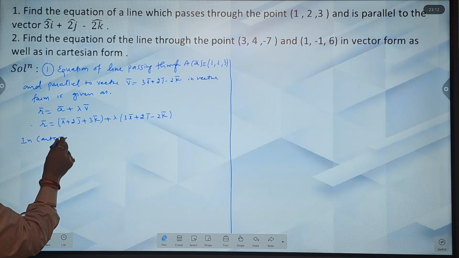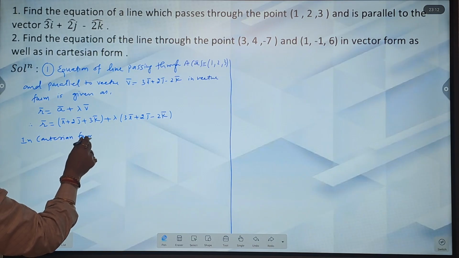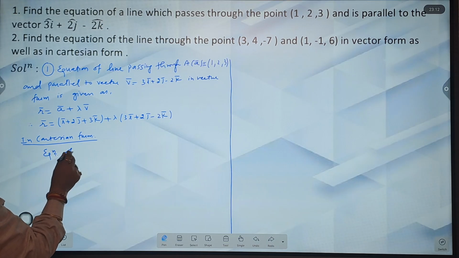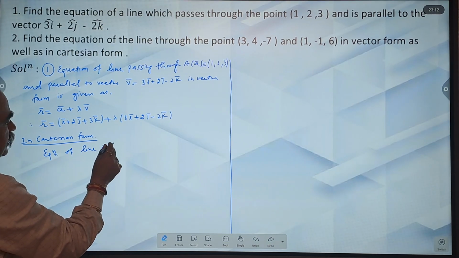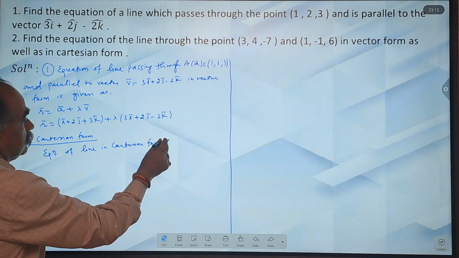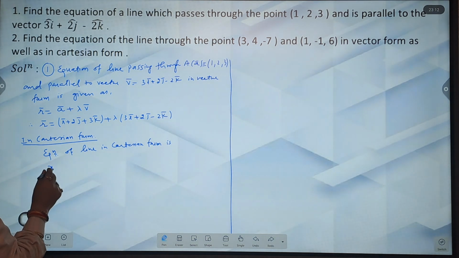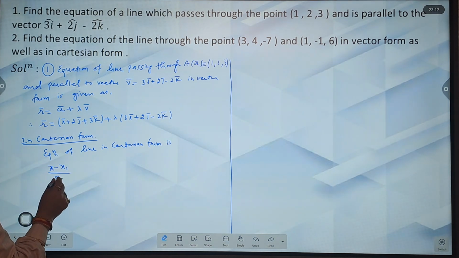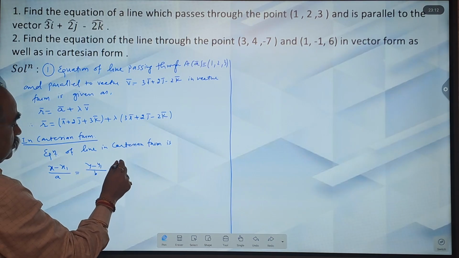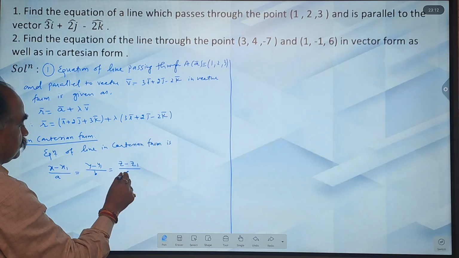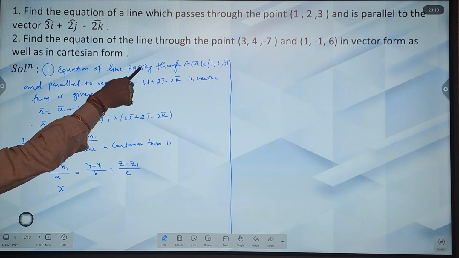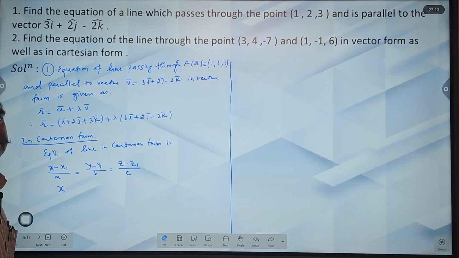In Cartesian form, the equation of line in Cartesian form is x minus x1 upon a equals y minus y1 upon b equals z minus z1 upon c. x1, y1, z1 is the point through which line passes, 1, 2, 3.